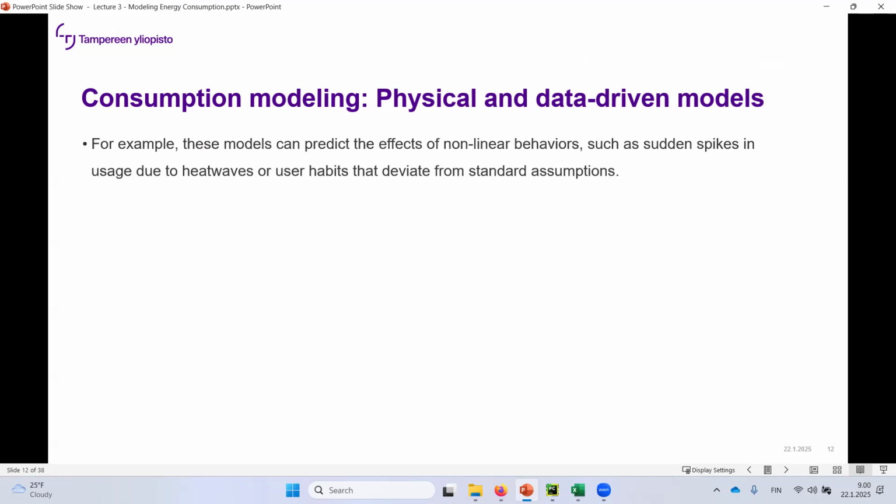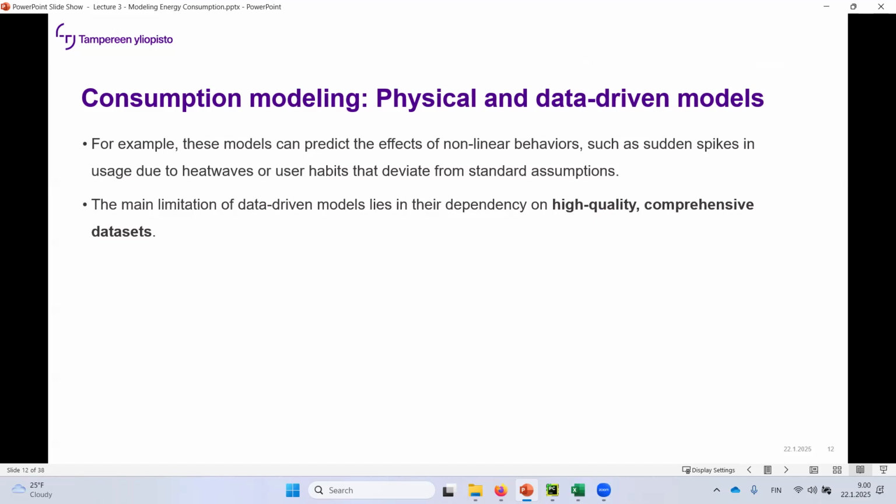That's the key. The main limitation in these data-driven models lies in their dependency on high quality and comprehensive data sets. So that's the key. You have to have some kind of so-called funky data.